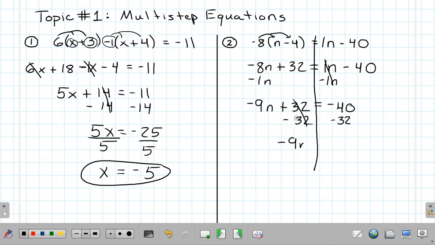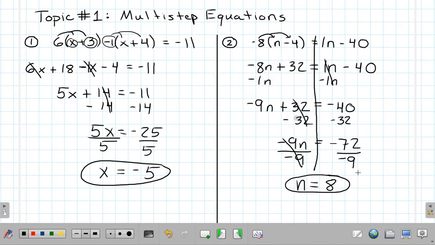So we get negative 9n is equal to negative 72. Divide by negative 9, divide by negative 9. n is equal to negative over negative is a positive. 72 divided by 9 is 8.